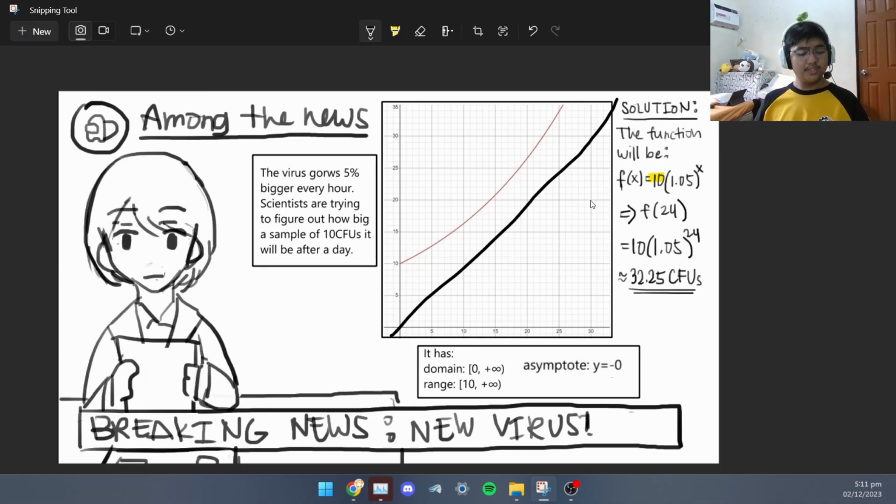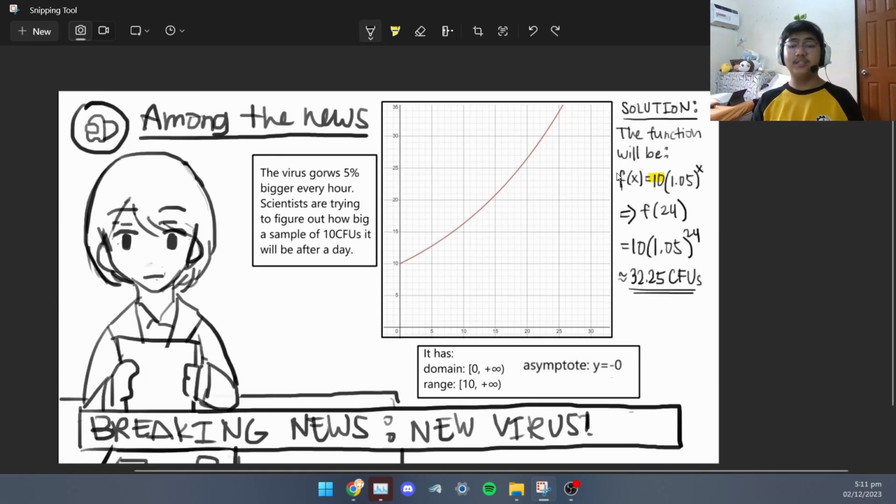Lastly, one of the last things we'll be talking about would be the x and y intercepts. If it's a standard exponential function, or especially in the context of this, we don't really have an x-intercept.